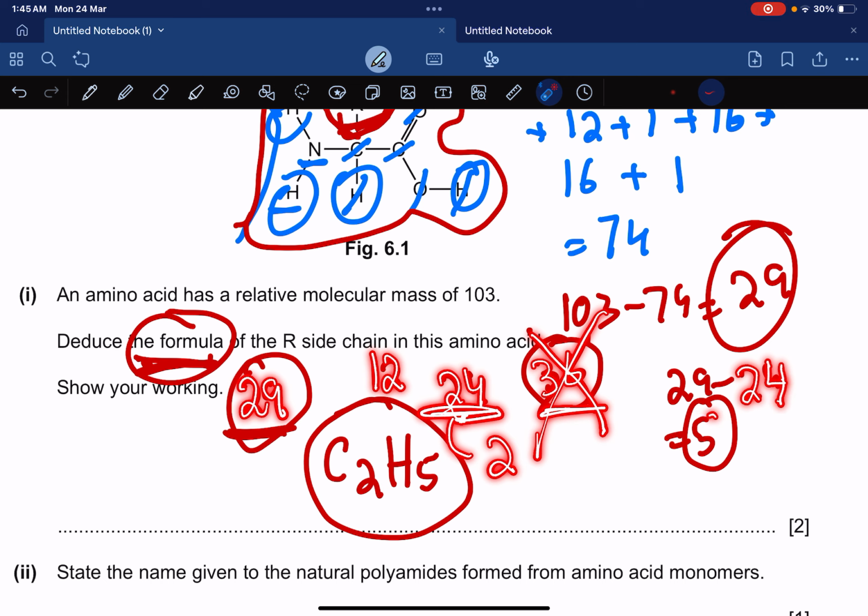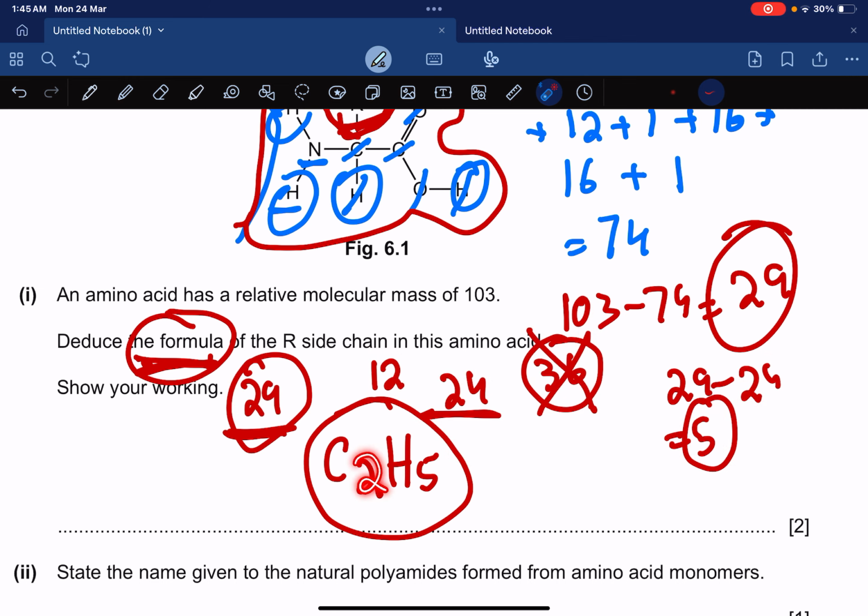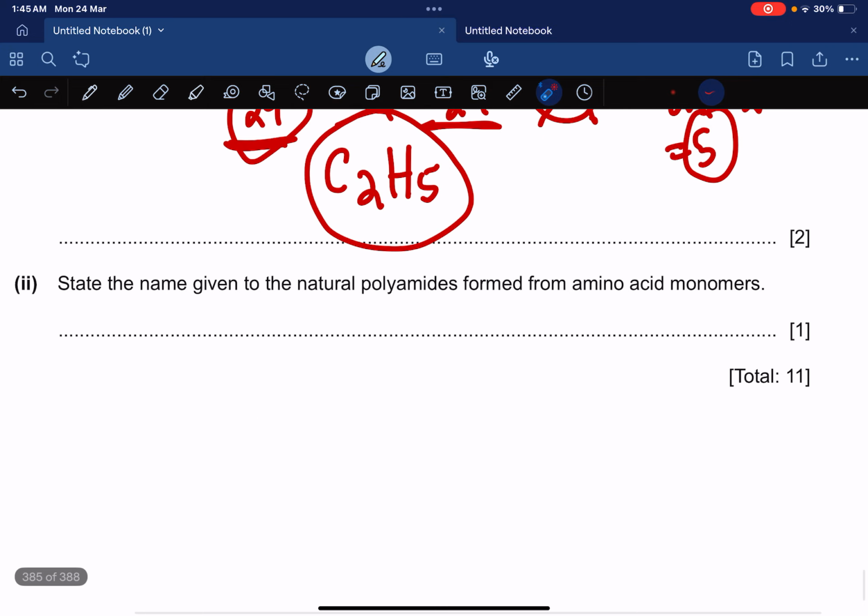You subtract it, you get 5. 5 is obviously going to be the mass of the hydrogen. One hydrogen has a mass of 1, so 5 are going to make up to 5. So it's going to be C2 and H5. Okay, I hope that was easy.